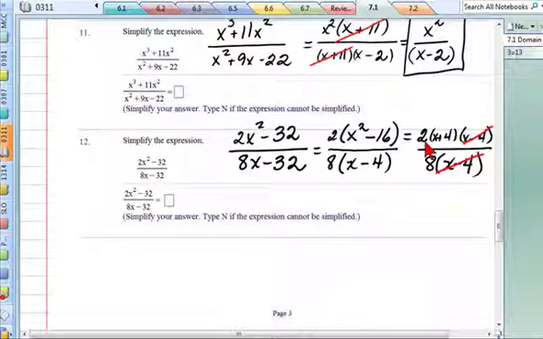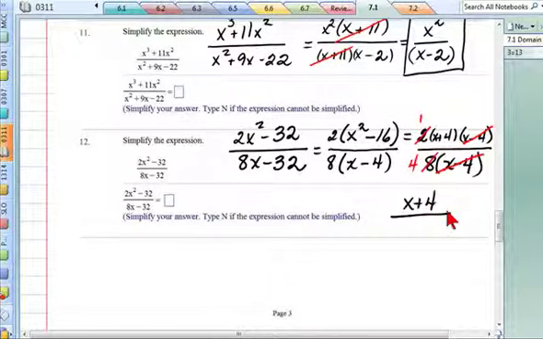You can reduce those. 2 goes into itself once, and 2 goes into 8 4 times. So let's see what I have left over. The numerator, I have 1 times x plus 4, which is x plus 4. The denominator, I have 4. Oh, well, go ahead and mark out the 4s.